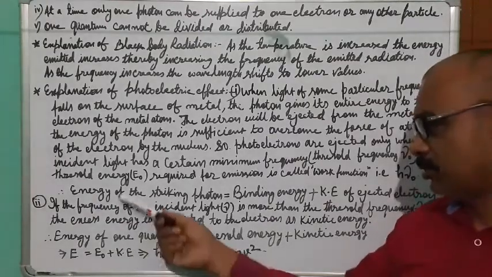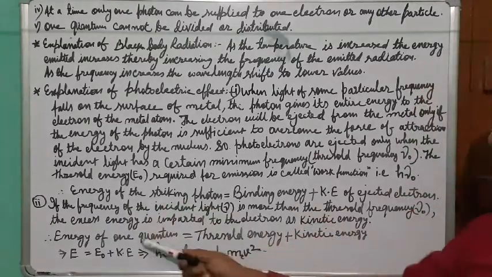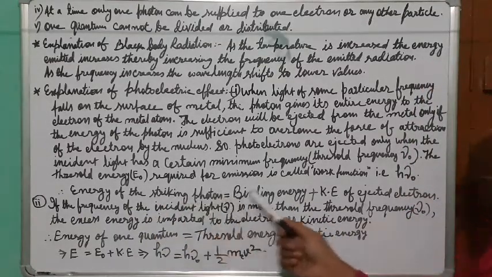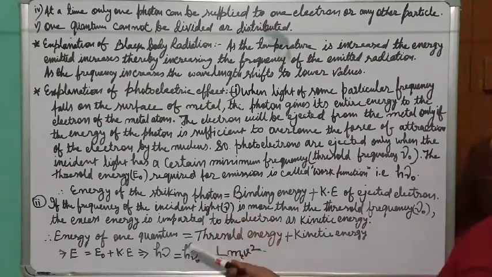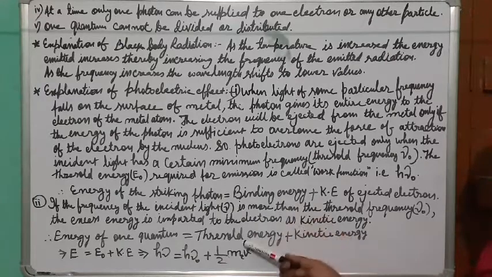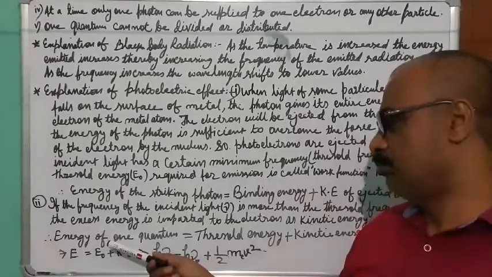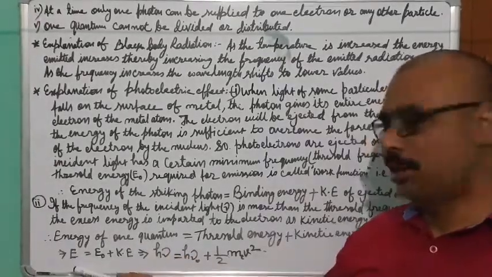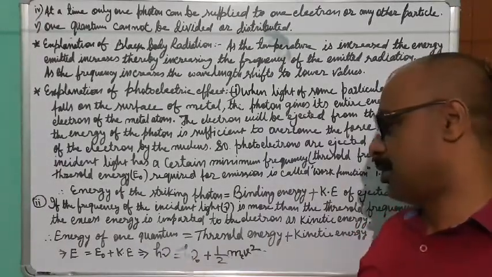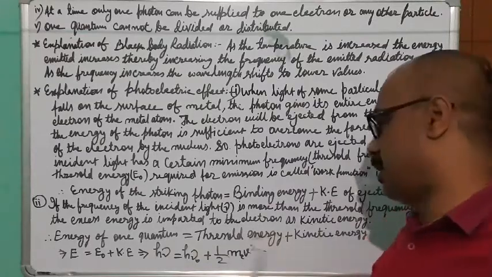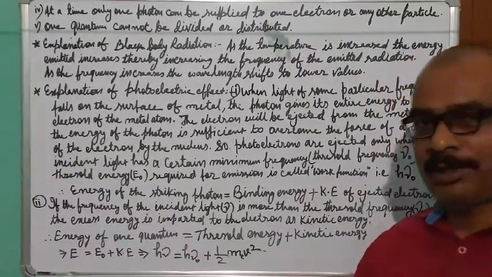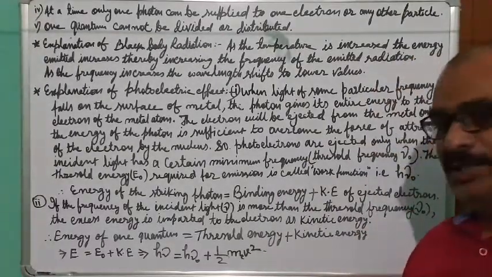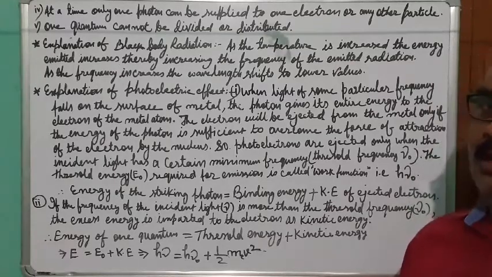Now this can be written in another way. The energy of a quantum, the same mathematical relationship, can be written in a different way. Energy of one quantum equals threshold energy, that is the binding energy, plus kinetic energy. The energy of one quantum has symbol E, threshold energy symbol E naught, kinetic energy symbol KE, and you know that Einstein gave the relationship E equal to h nu.